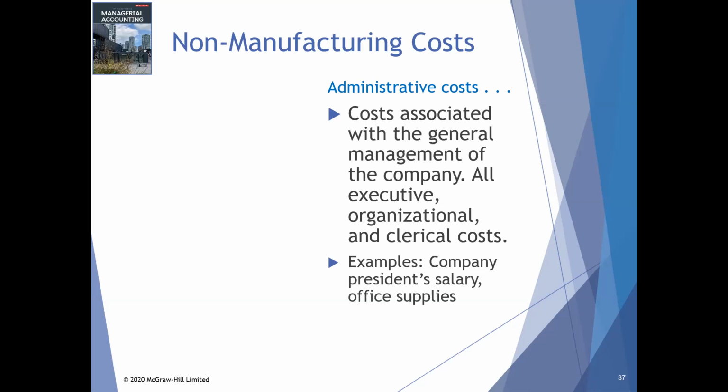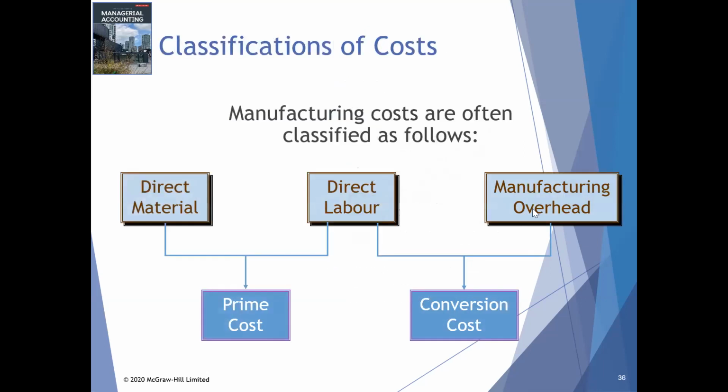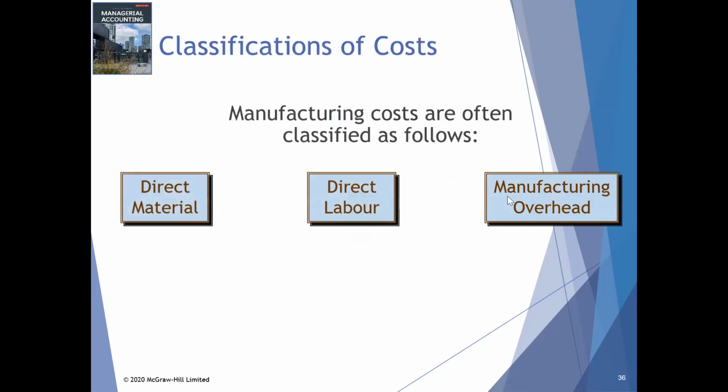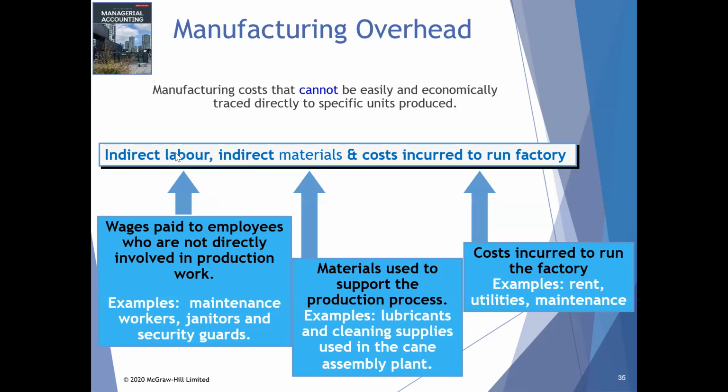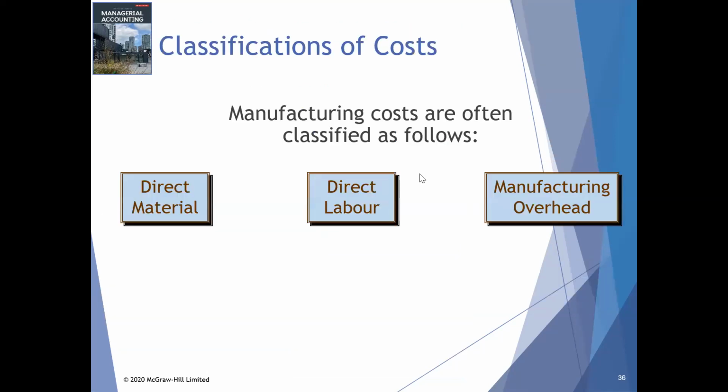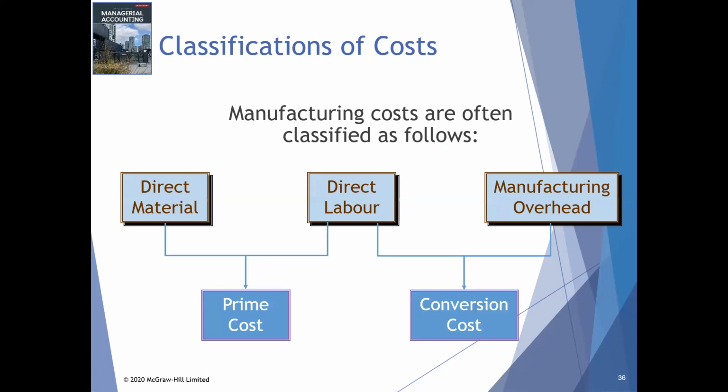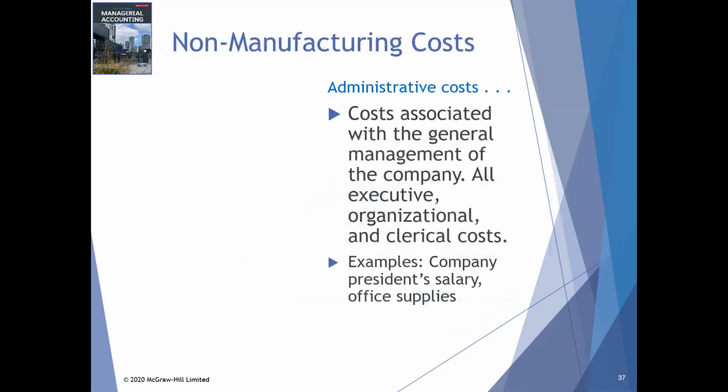Look at this, manufacturing overheads: indirect labor, indirect material, and the indirect cost incurred to run the factory are known as manufacturing overhead. The cost which is related to the manufacturing of the unit is known as manufacturing cost.